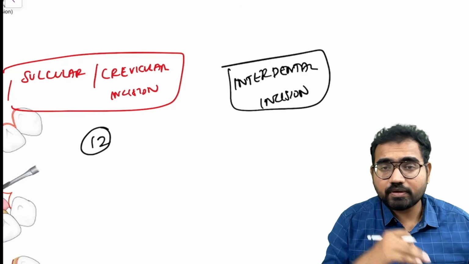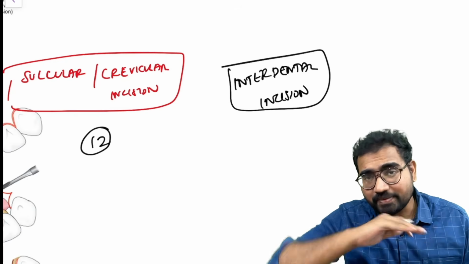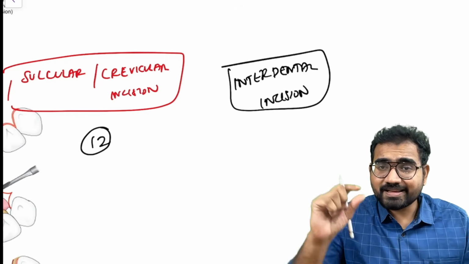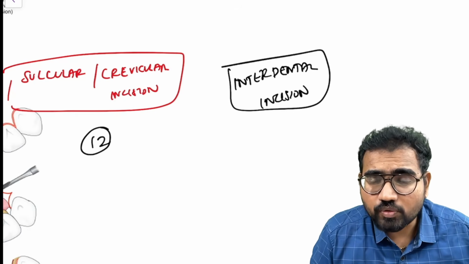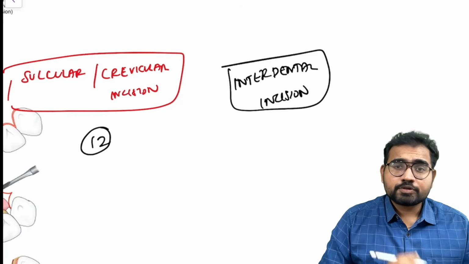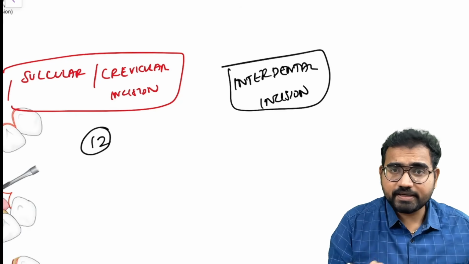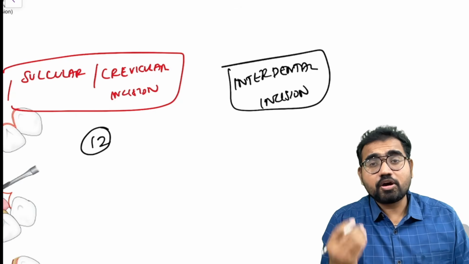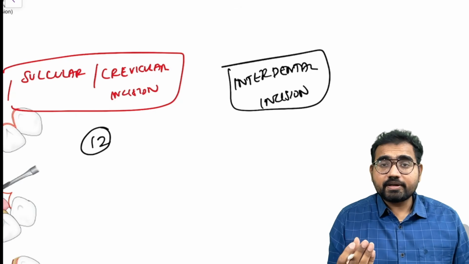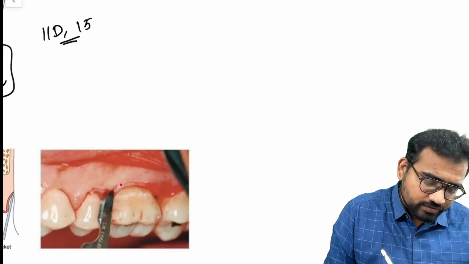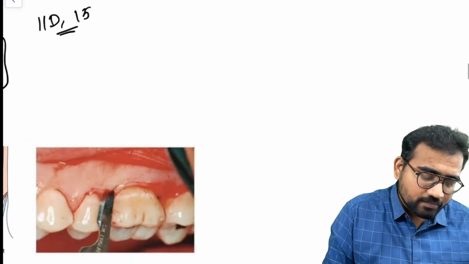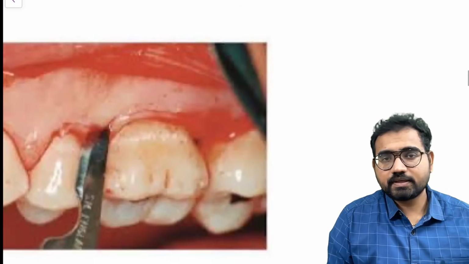I have given the internal bevel incision and the sulcular incision. Now if I break the interdental papilla, that tag of tissue is going to come out, right? It remains attached only at the interdental papilla. So if I give a third incision, the interdental incision, using Orban's or Kirkland knife, this tag of tissue is going to come out, isn't it?